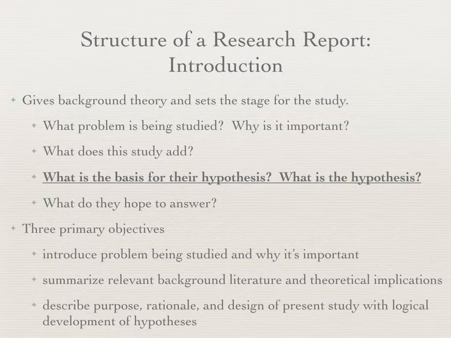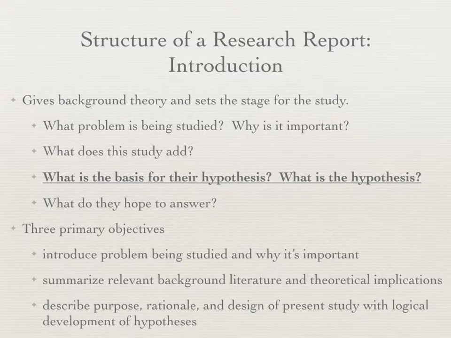There are primary objectives in this. They're going to introduce what the problem is and why it's important. They're going to summarize that background literature, and they're going to describe the purpose, rationale, and design of the present study. And again, it's going to lead to the hypothesis.